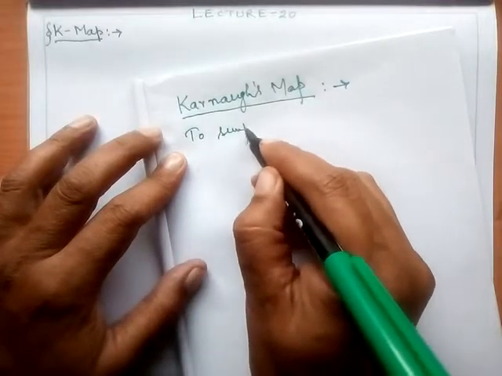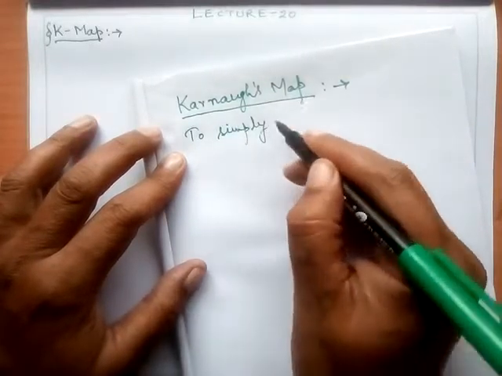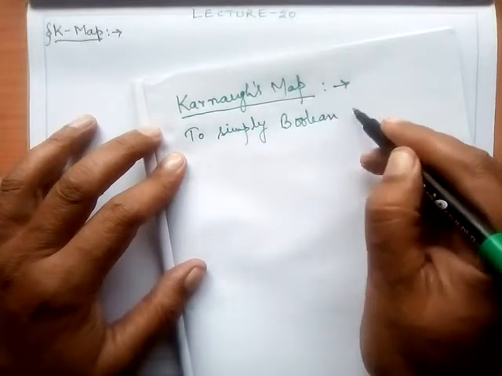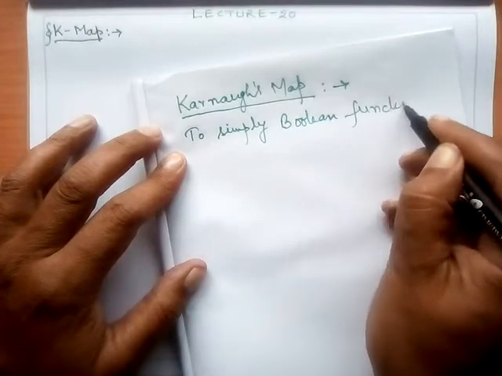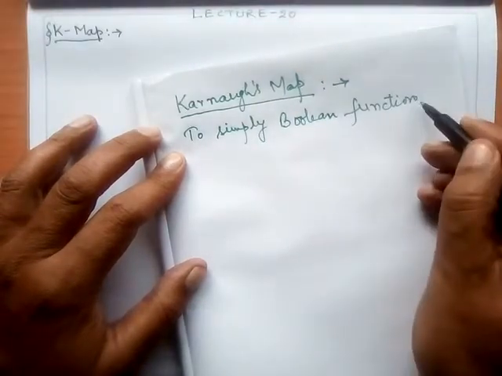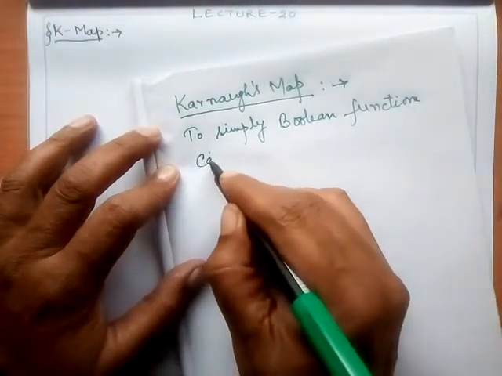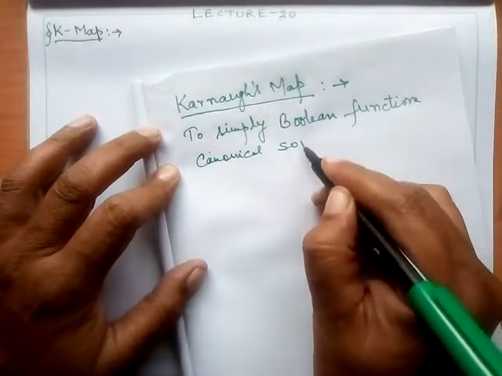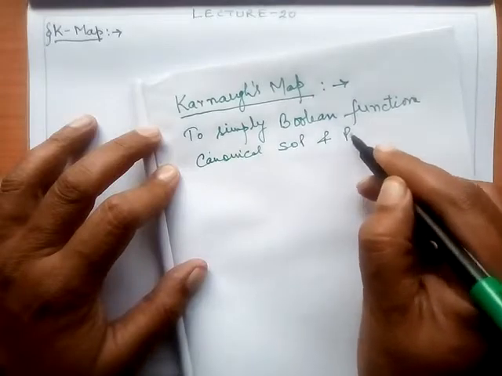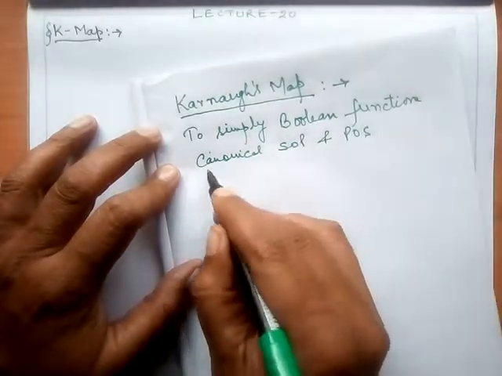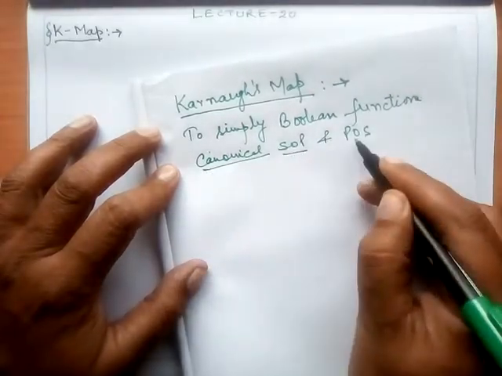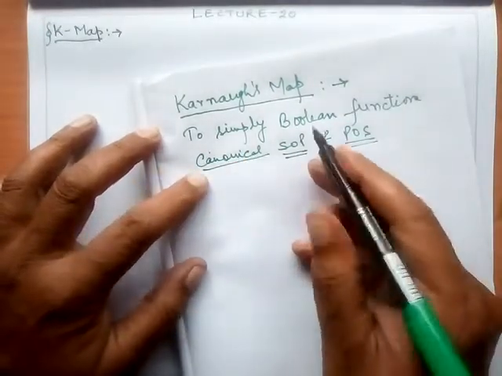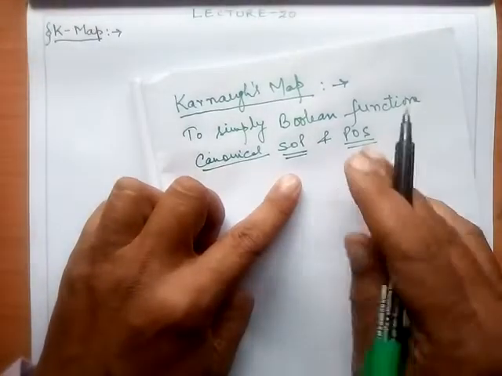It is a graphical method to simplify a Boolean function, especially when the Boolean function is in canonical SOP and canonical POS form. Although it can be done for non-canonical also, normally we solve it for canonical SOP form, or a sum of minterms or product of maxterms form.